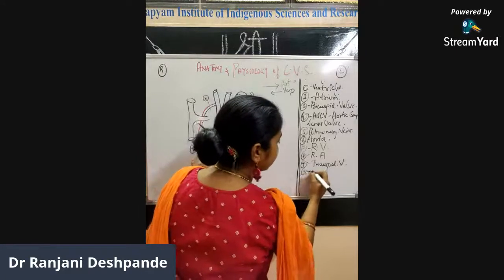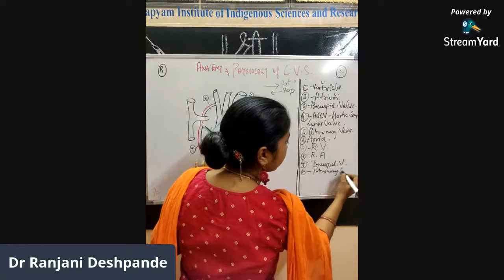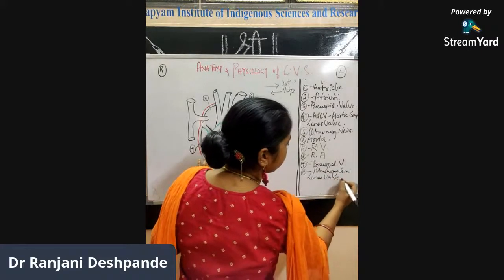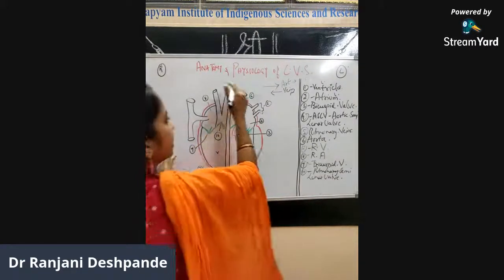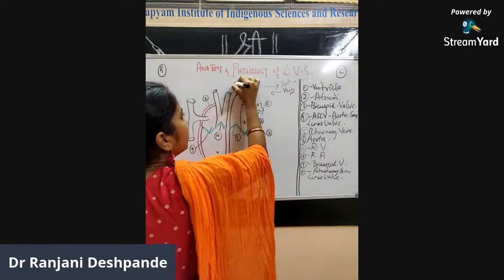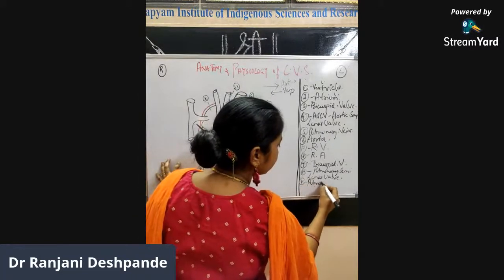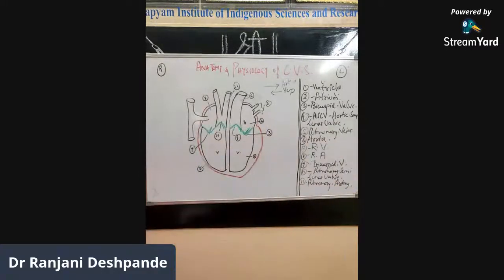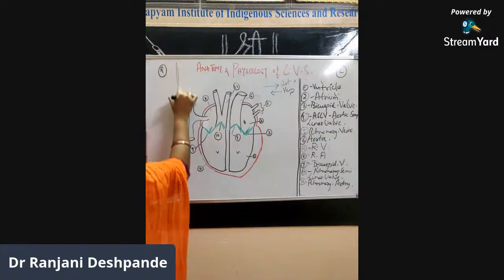So 10 is the pulmonary semilunar valve. Rising from here, we have the pulmonary artery. So 11 is the pulmonary artery. The rest we will write on this side.